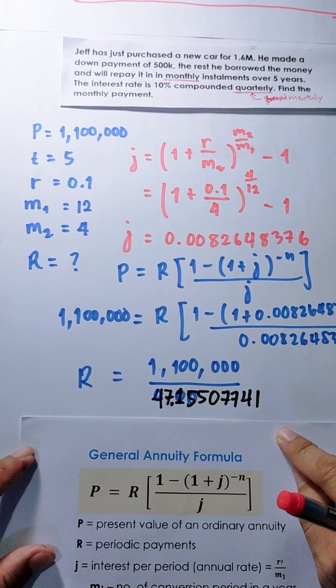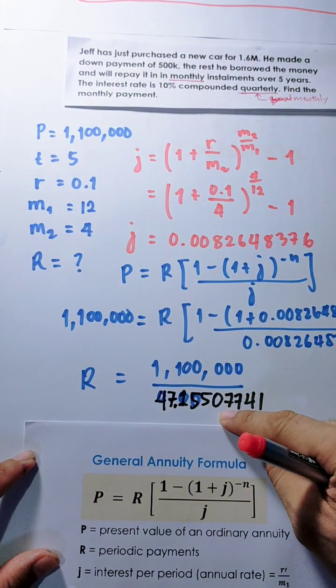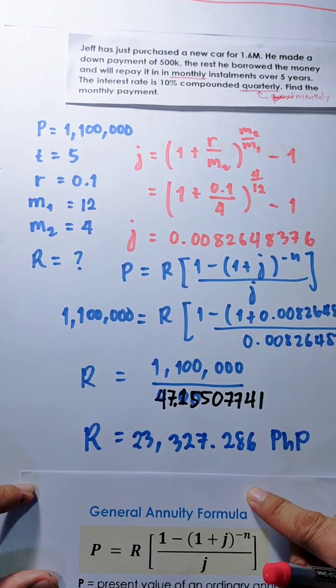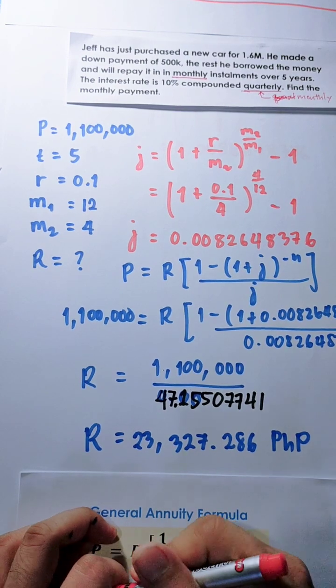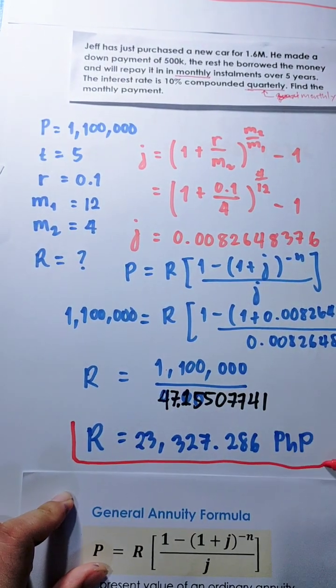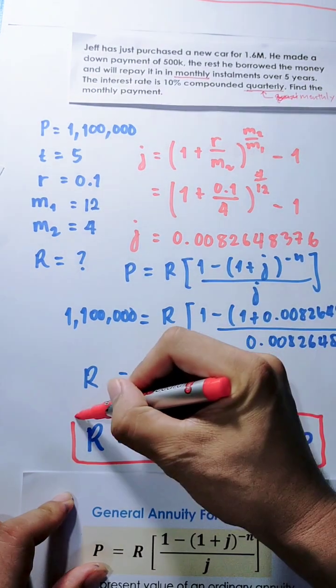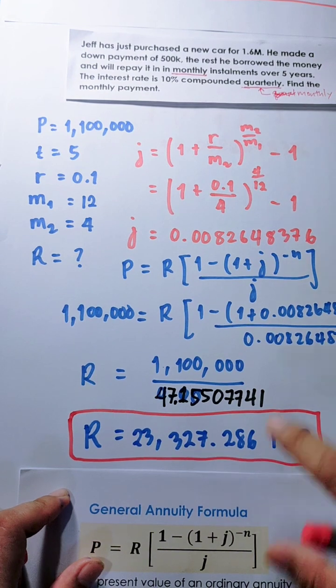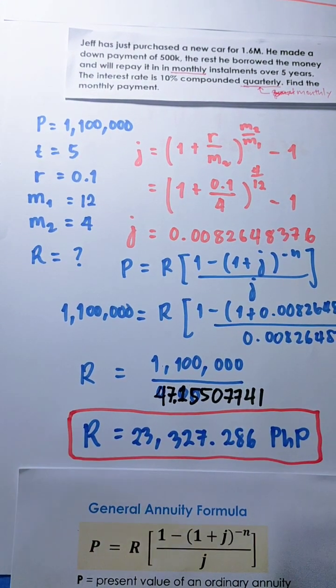Okay, that's it. And then we divide it by this number. Our R is equal to 23,327 pesos, point something. This is now the monthly payment that he needs to pay.